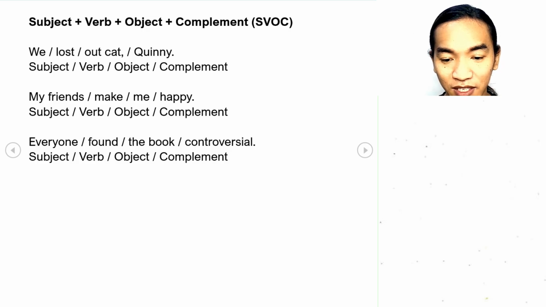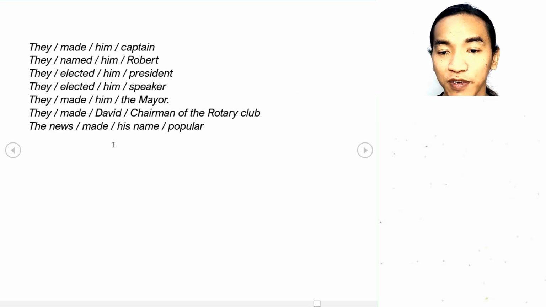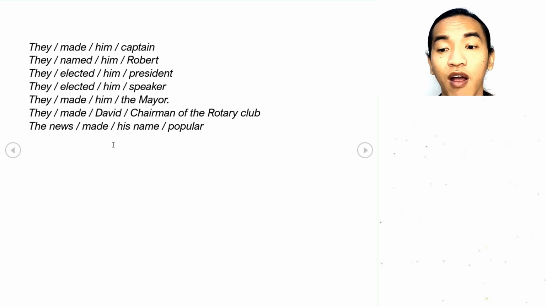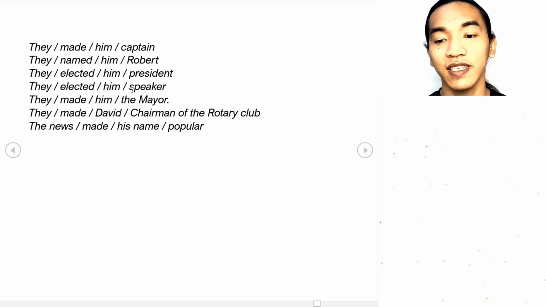Okay, so next one, what other sentences do we have here? They made him captain. They named him Robert. They elected him president. They elected him speaker. They made him the mayor. They made David chairman of the Rotary Club.